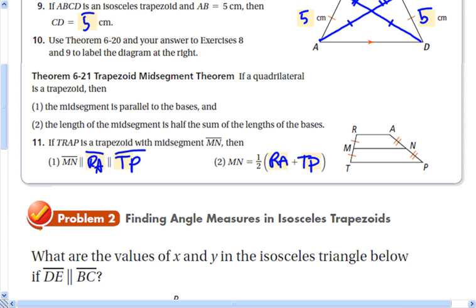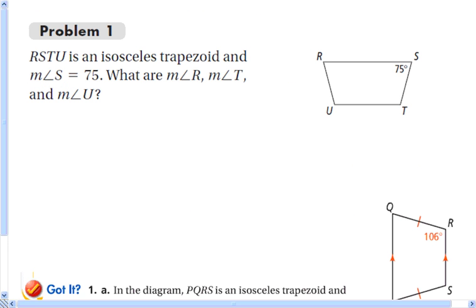All right, let's go back to problem 1 now. RSTU is an isosceles trapezoid and the measure of angle S is 75. What are the measure of angle R, the measure of angle T, and the measure of angle U? Well, we know that the measure of angle R is 75.